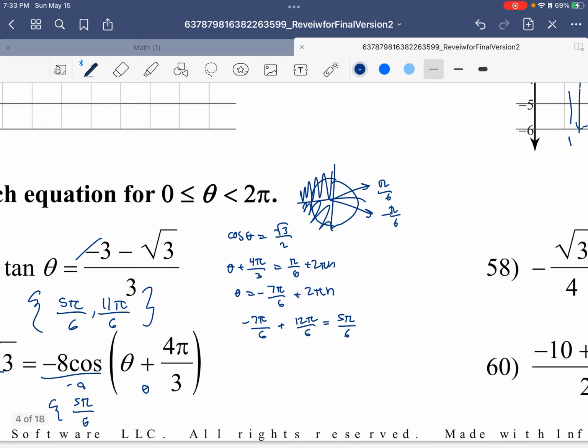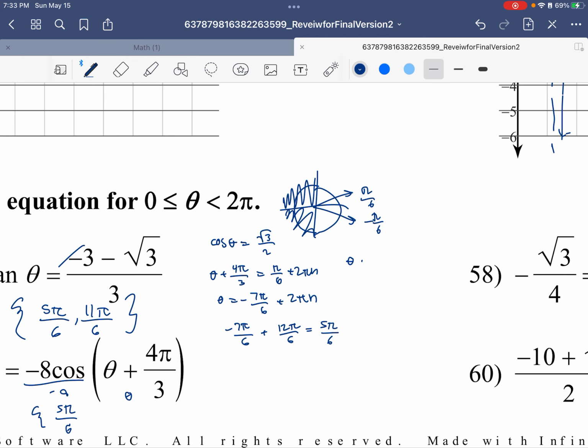Okay, now let's use our next point. So same thing, this inside equal to our angle plus 2 pi n, and then now you're going to plug in values.